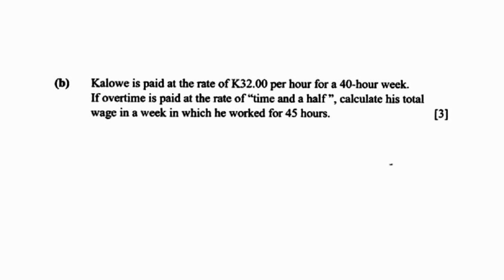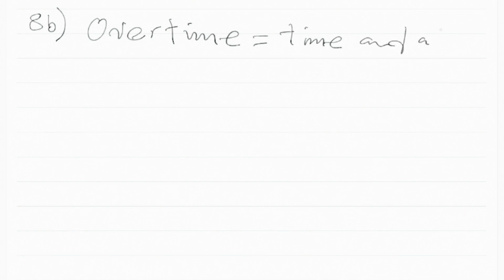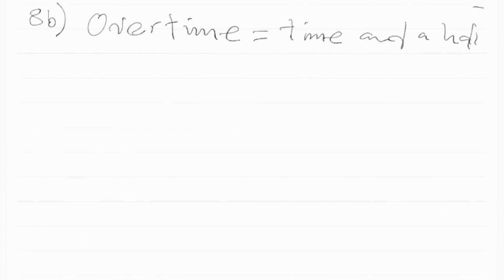But how do we calculate overtime from this question? We are told that overtime is calculated as time and a half. What does that mean? It simply means he's supposed to be paid for the normal working hour plus half of that.